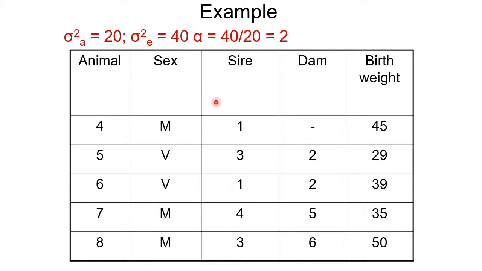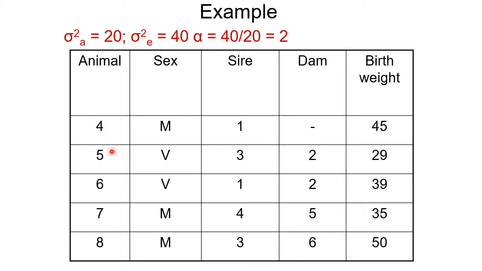None of sires 1 and 3 were recorded, measured for birth weight. Neither was dam 2. So if we construct the coefficient matrices, we need to take into consideration that they have no observations. And obviously we have one unknown dam here as well.